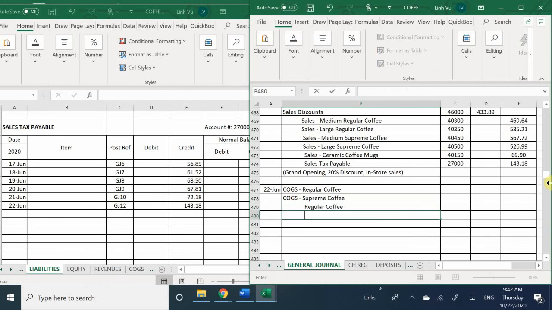Good. Yes. Rule of thumb, always journalize first. You need to create a reason for you to update or change the balance in your ledger account.